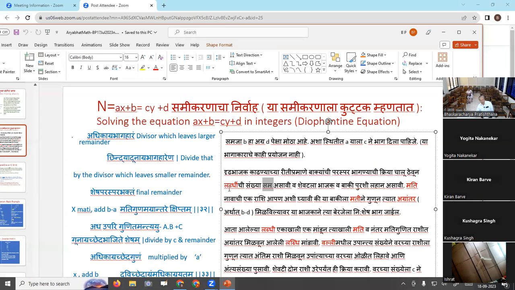So the number of labdhi is actually the number of divisions, the quotients that you get. That is labdhi, and the number of these should be an even number. So this even number is not clearly mentioned here, but that is what is understood by using the commentaries of other mathematicians such as Bhaskara I. So you should go on dividing and you stop somewhere when you finish an even number of divisions.